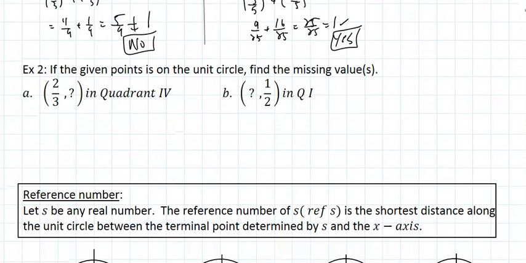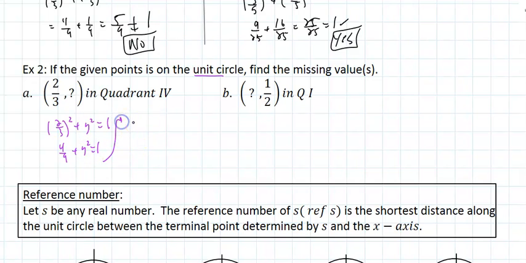Now, assume this point is on a unit circle. If I told you what x is, wouldn't that be x squared plus y squared equal 1? 4/9 plus y squared equal 1, or I could say 4 plus 9y squared equals 9. 9y squared equals 5. y squared equals 5/9.